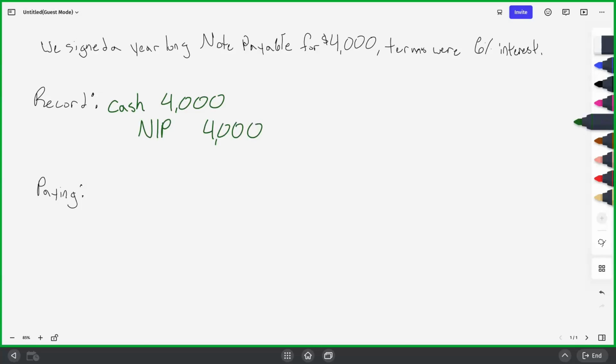What about when we pay this off? This will also be relevant for chapter 10, so pull back knowledge from when you worked on notes payable in chapter 10. Notes payable, interest expense, both debited, and then cash.